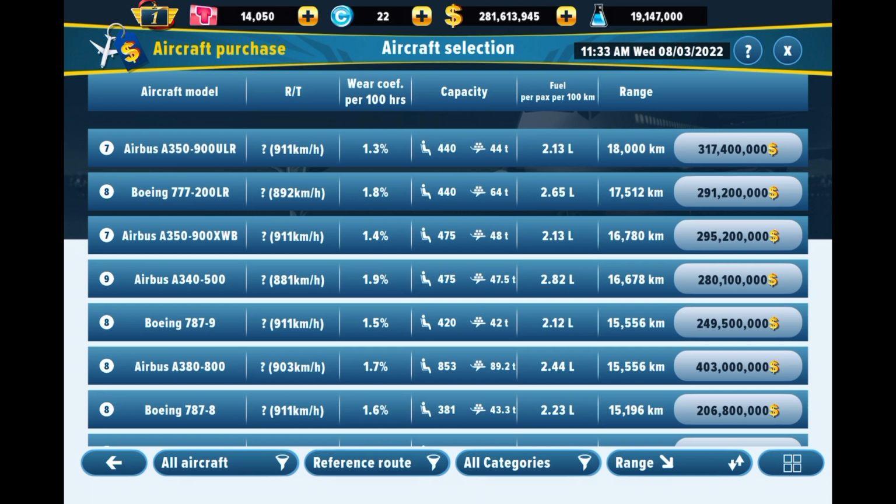Even the cargo looks almost the same, but it has a difference in terms of the fuel consumption and wear rate. So perhaps it's just a matter of 15 million. So I will wait for that to happen, and then I will buy this aircraft.